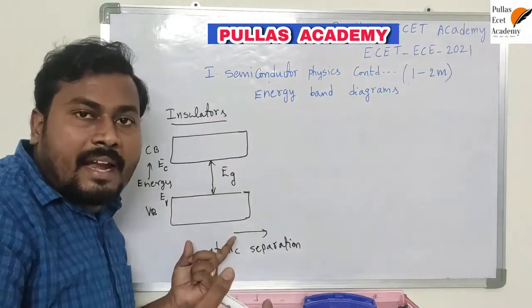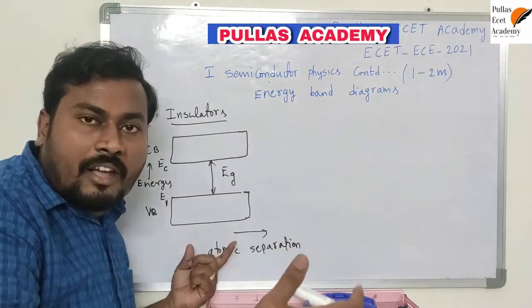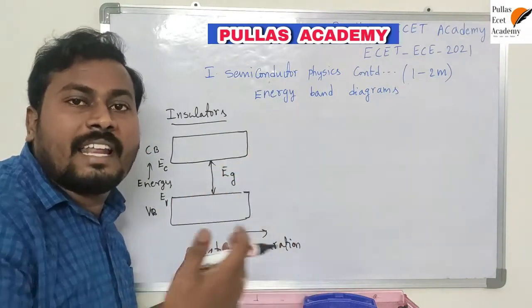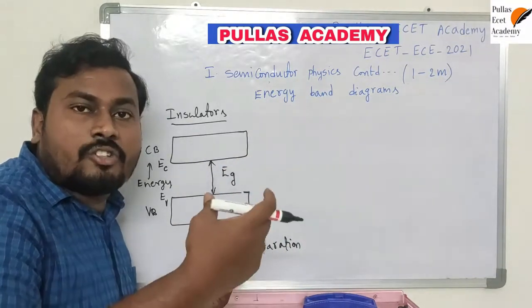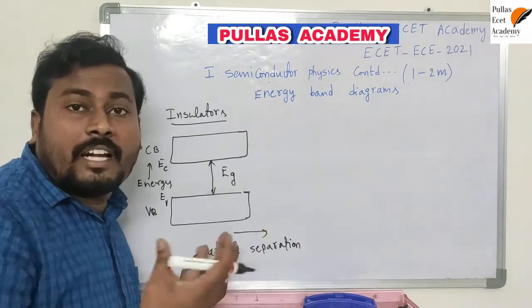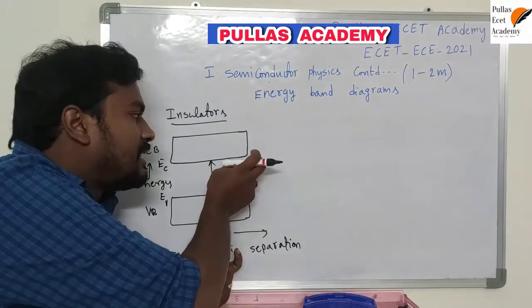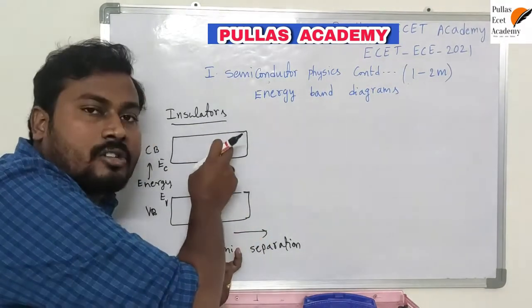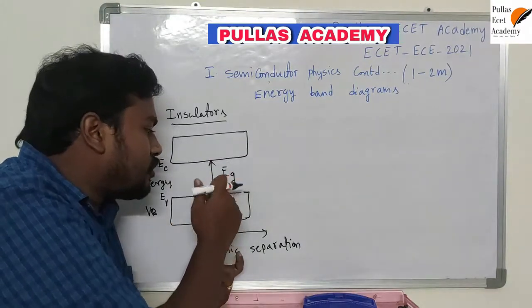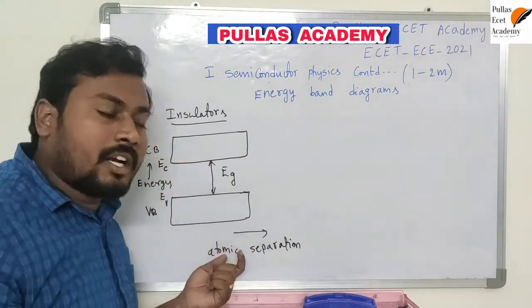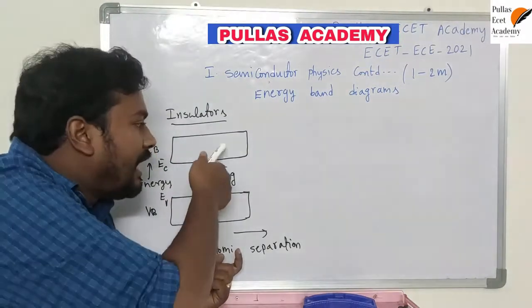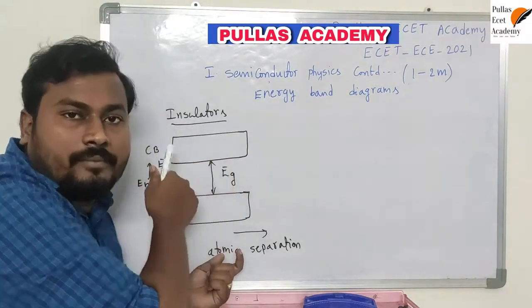Let me explain to you. In the valency band, energy states are available for bounded electrons, and in the conduction band, energy states are available for free electrons. Any bounded electron can stay here, any free electron can stay here.